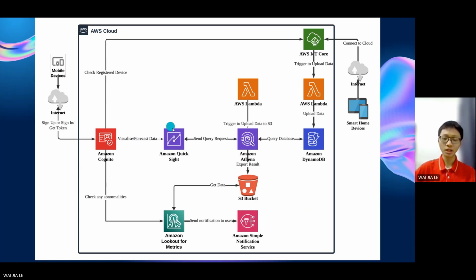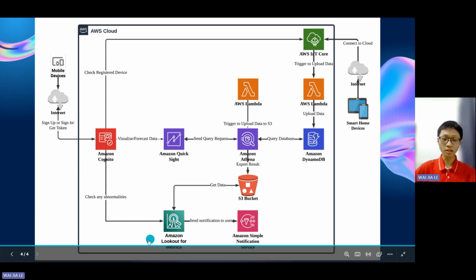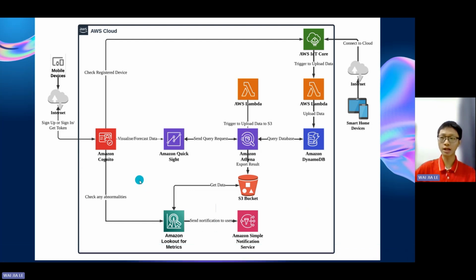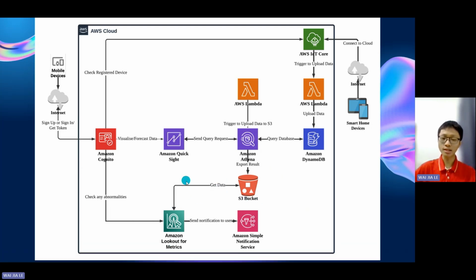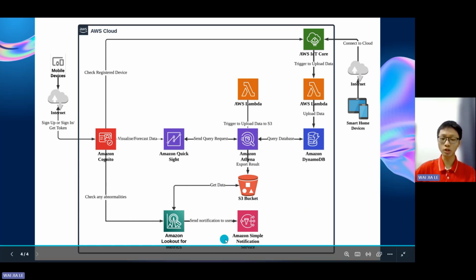And the third service is Amazon Lookout for Metrics. This is the anomaly detection for the power consumption data. The detector will get the data in the S3 bucket and then detect the anomaly. Once the anomaly is detected, it will send a notification to the user using the SMS service.